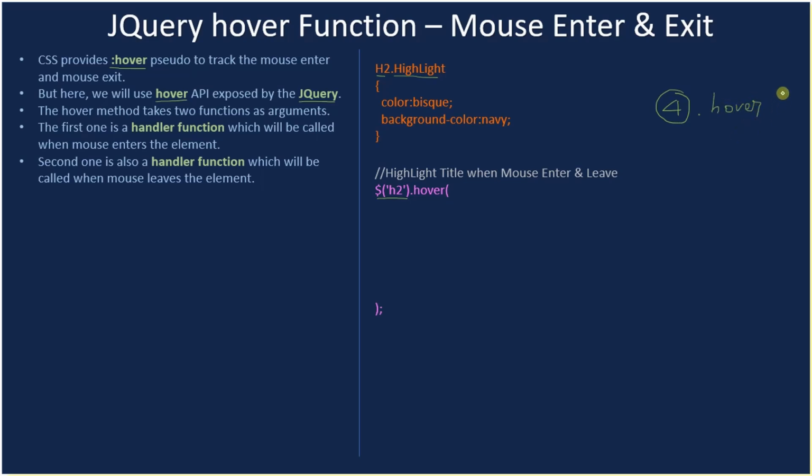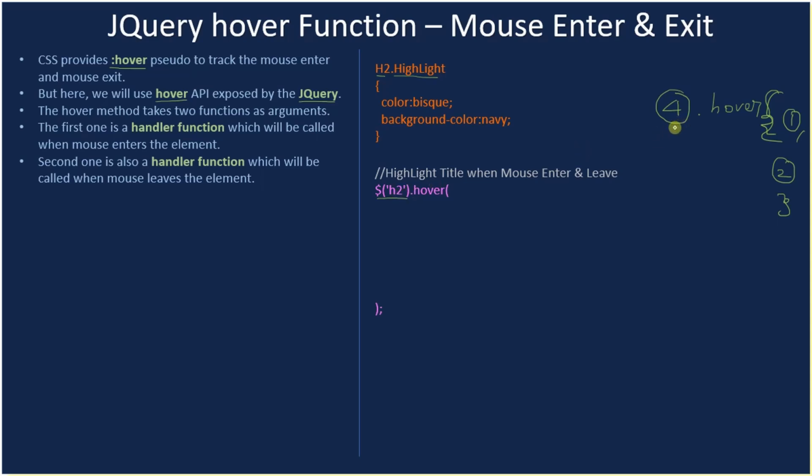Right? Then to this hover method, we will pass two handler functions. One will get called when the mouse enters and another one will get called when the mouse leaves on that specific filtered element, right?